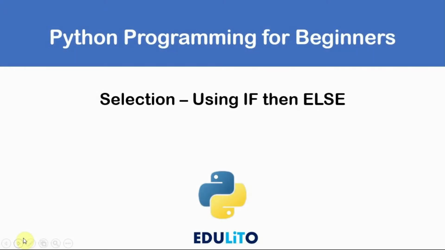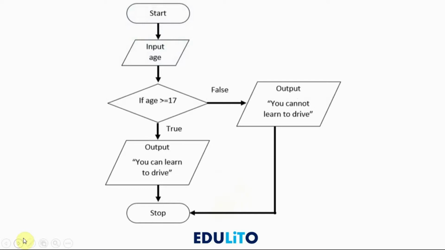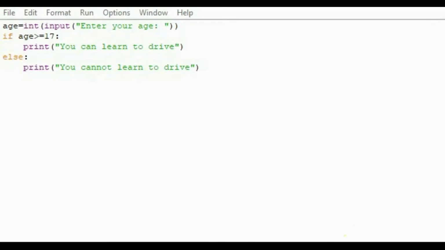Let's look at selection using if then else. Quite often when you've got an if statement, there is a choice between the condition being true, or the condition being false, as shown in this flowchart. In Python we use the if and the else. So if the age is greater or equal to 17, then you get the first output statement, and if it's not, if it's else, you get the second output statement.